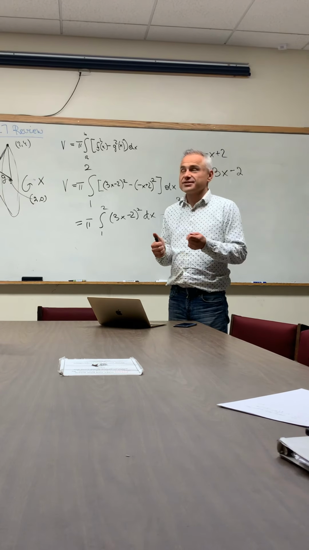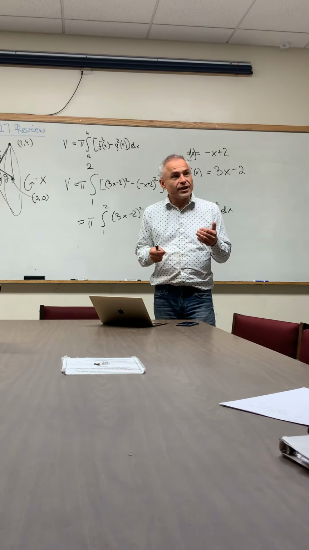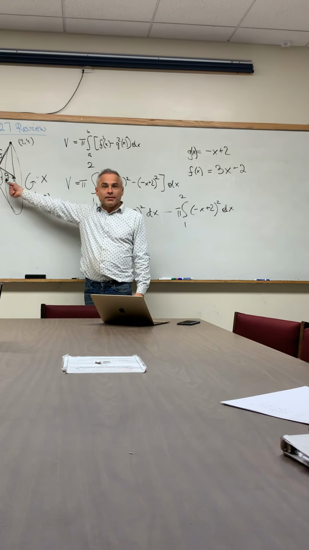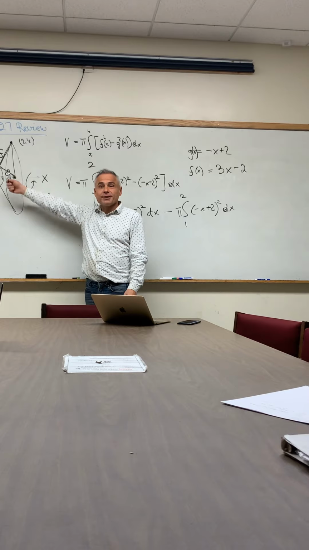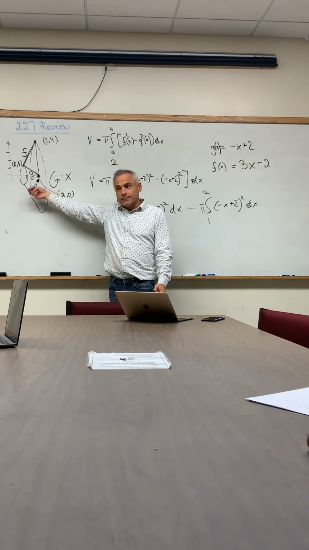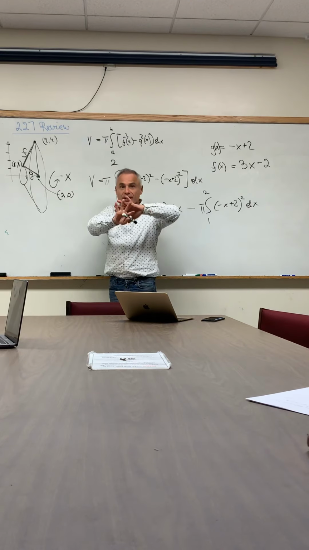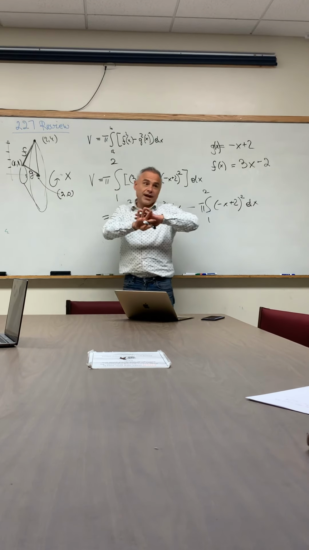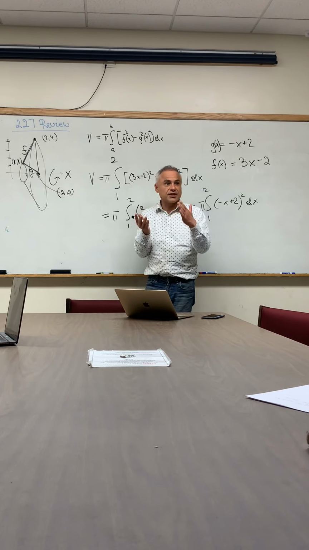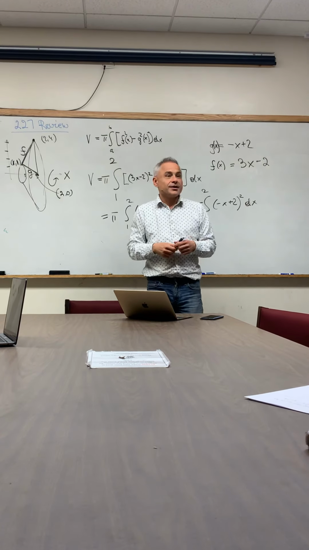So the key, to summarize, is use the correct formula, and get a much better picture than mine. My picture was not really good, and that's why I said I'm only 90% sure that I got the functions correctly. Spend more time, use the grid if you have it on your paper. If not, make a grid to make sure that you don't make that mistake with the slopes.